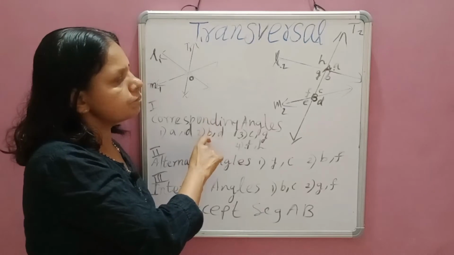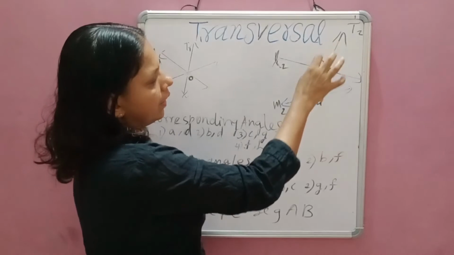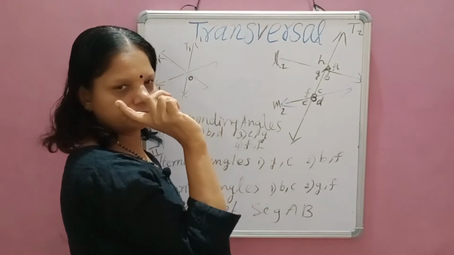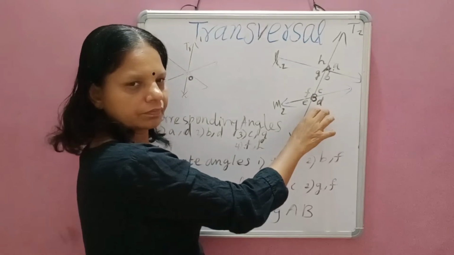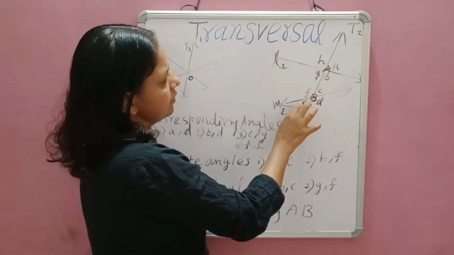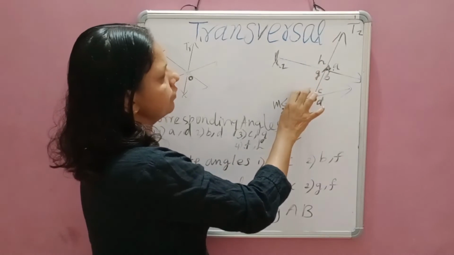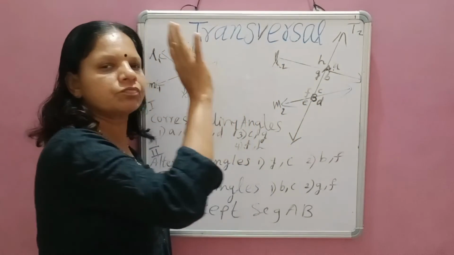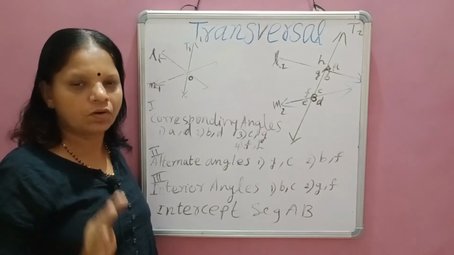Which are the corresponding angles? See, A and C, one pair. Similarly, B and D, C and G, F and H. Like that, four pairs of corresponding angles are formed.